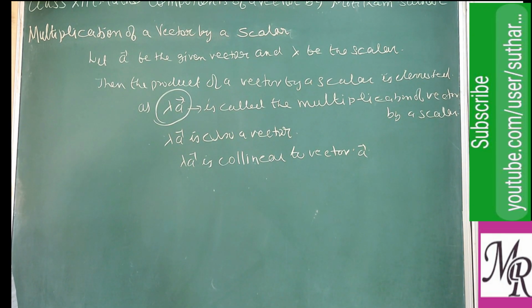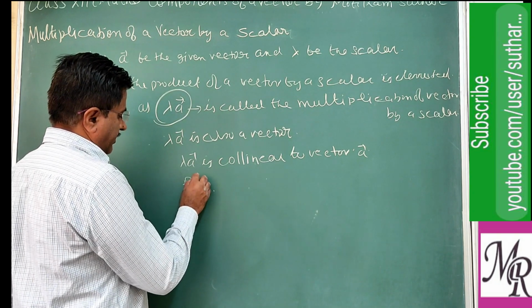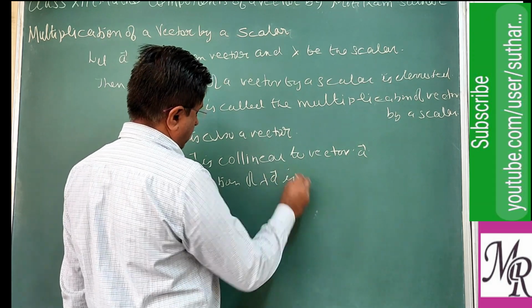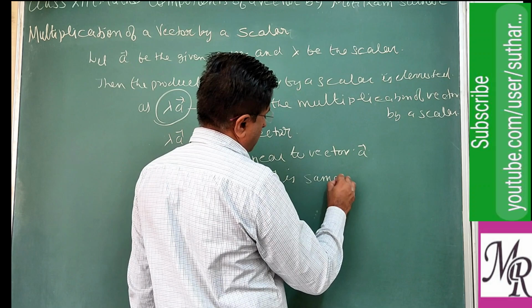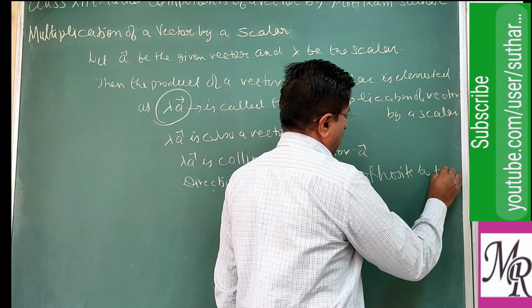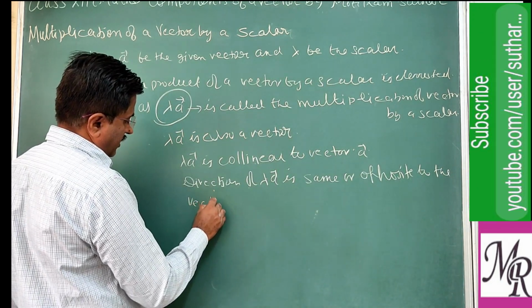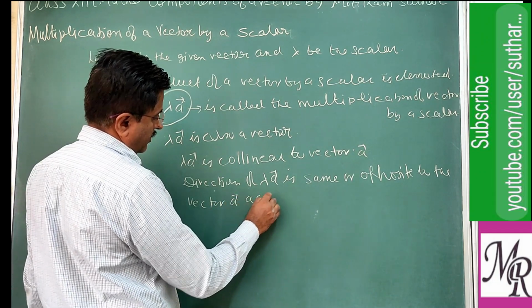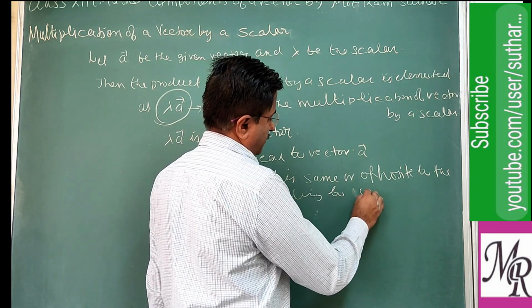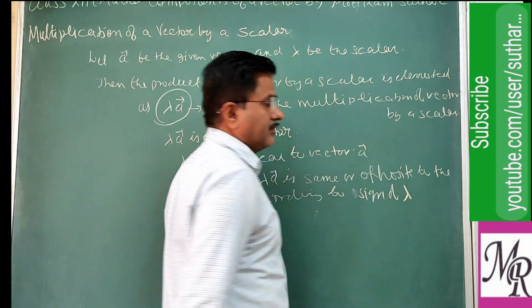The vector lambda A has the direction same as or opposite to that of vector A according to the sign of lambda.